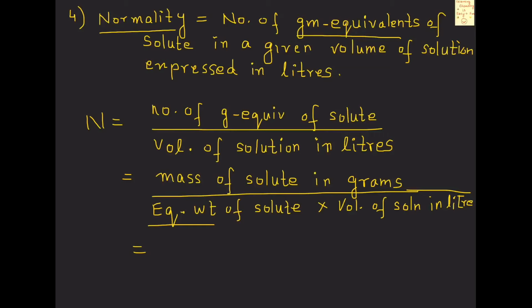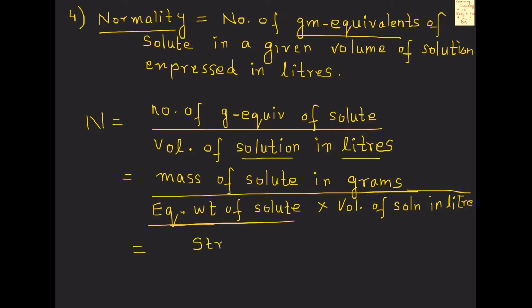Number of gram equivalents of solute divided by the volume of, again, solution expressed in liters. As I said, number of gram equivalents means the mass of the solute in grams divided by the equivalent weight of the solute, right? Now, what did we have? Mass of solute in grams divided by the volume of solution in liters. What did we call it in the previous definition? Very good.